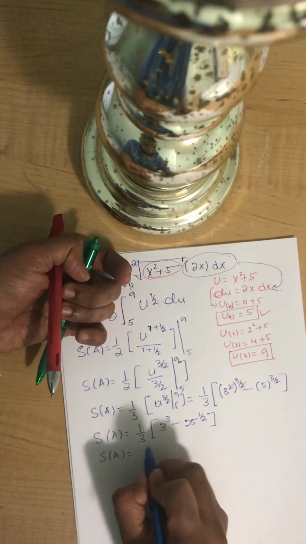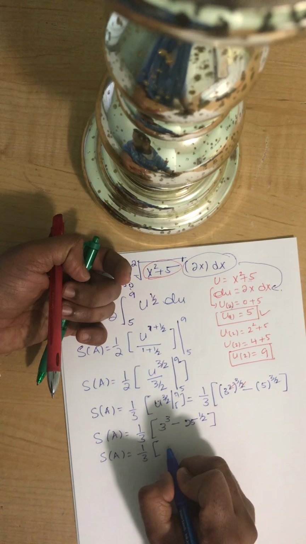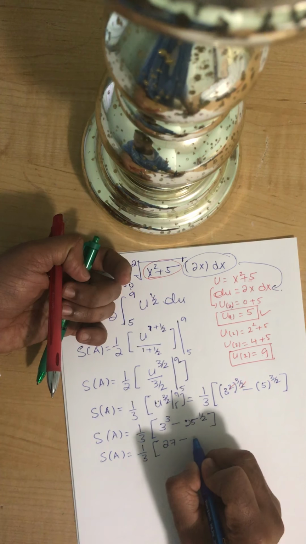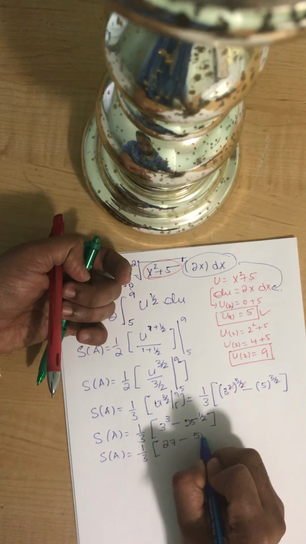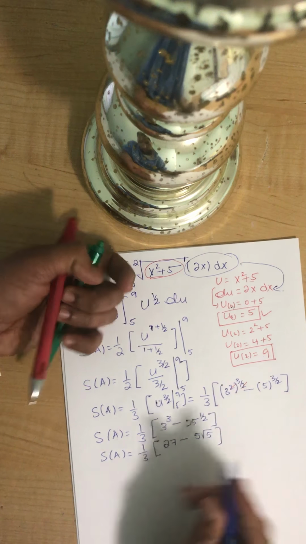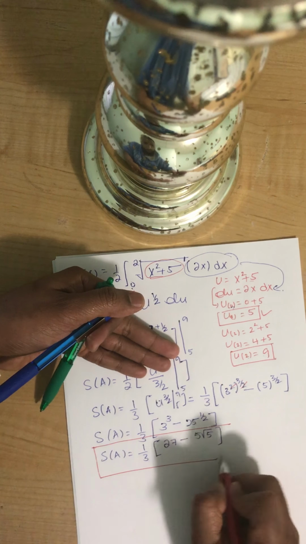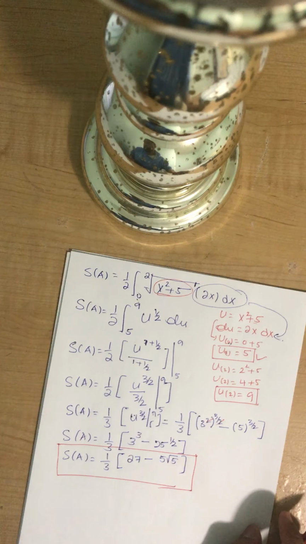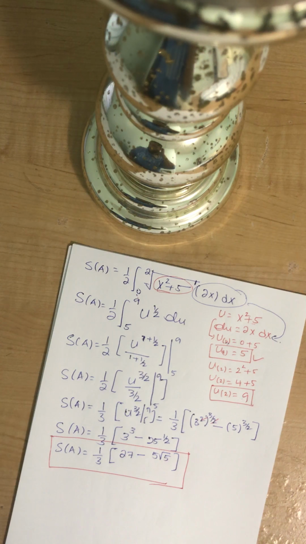Surface area is equal to this: 27 minus, and the square root of 25 is 5, root of 5. Alright, so this is the surface area. Alright, I basically touched the basic concepts of the surface area and how to solve the problem. Thanks for watching.